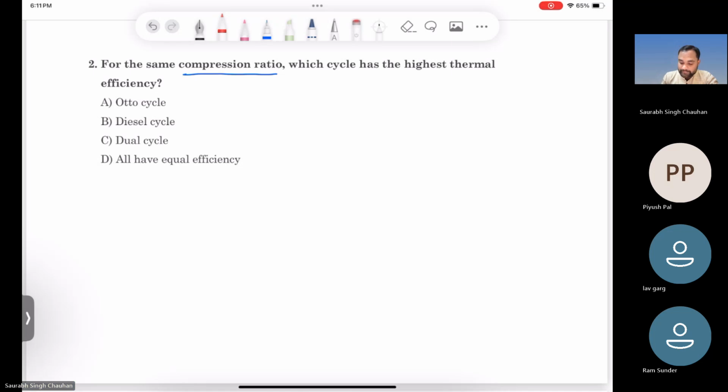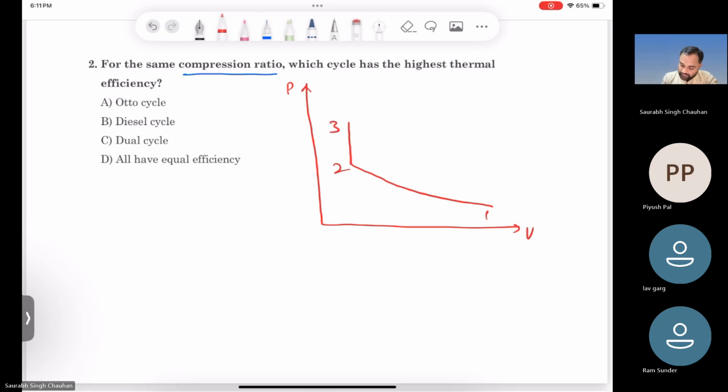So this is the PV diagram. This is Otto cycle. And if you want to make the diesel cycle, then it will look something like this.